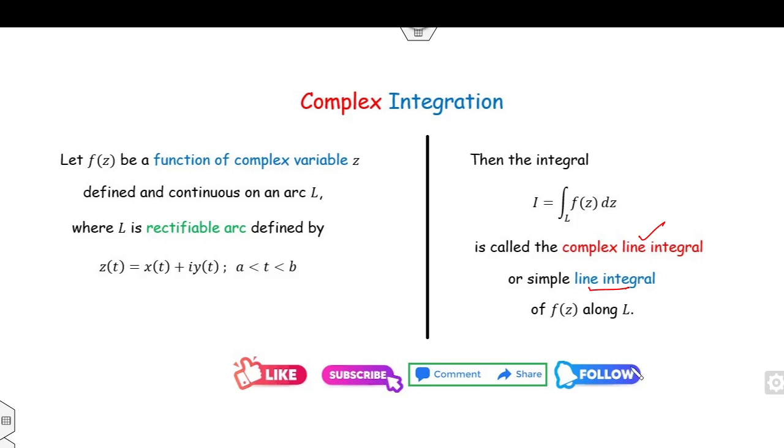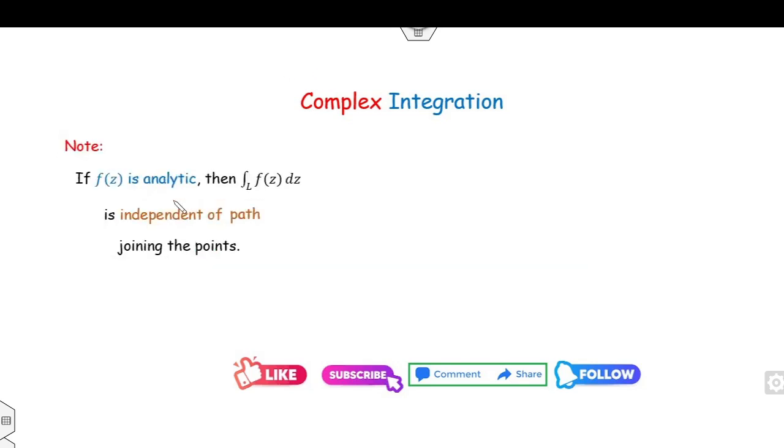Make sure, students, that if my function f(z) is analytic, and how can you check that? We all know it must satisfy the CR equations and its partial derivatives must be continuous. Then, if my function is analytic, the integral is independent of the path. What does that mean?